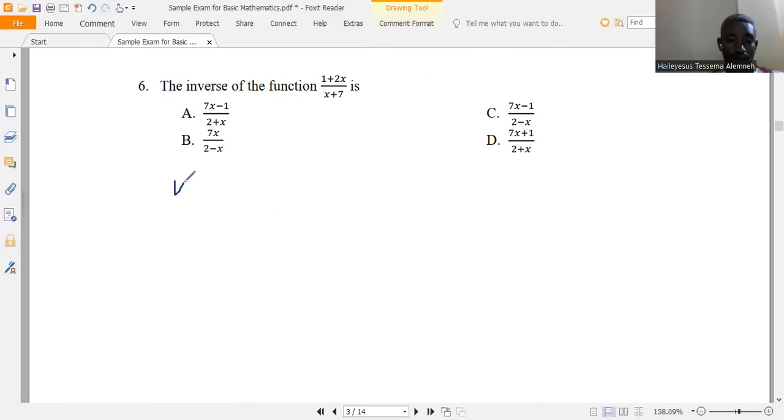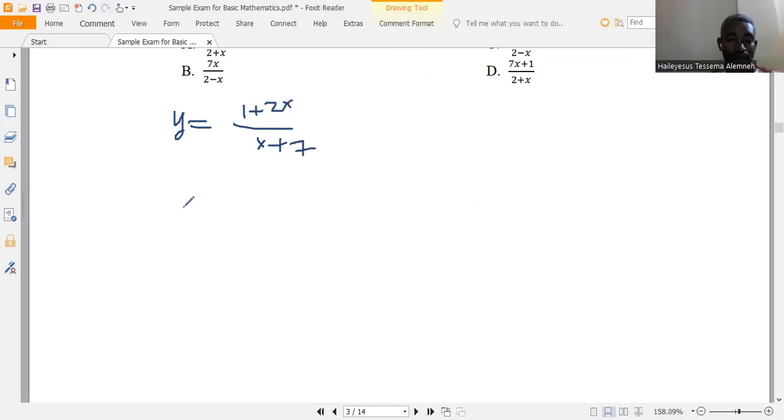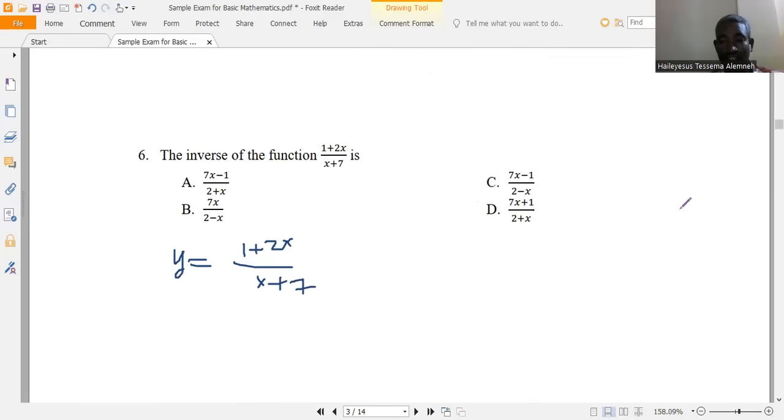So let's take y, which is equal to the inverse of a function, 1 plus 2x over x plus 7, is given. Then to find the inverse of a given function, first we write f of x as y is equal to the x form.